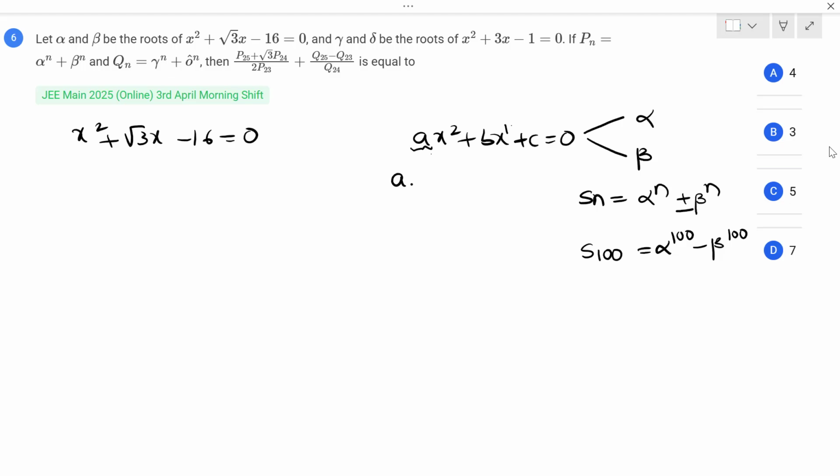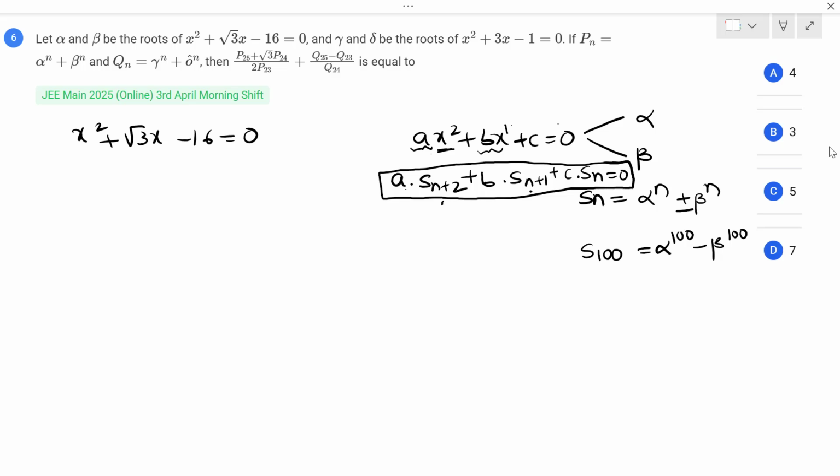In the same way, copy a as it is, instead of x square put Sn plus 2, plus copy b as it is, instead of x power 1, 2 to 1 is 1 less, so Sn plus 1, plus copy c as it is, 2, 1, 0: Sn plus 2, Sn plus 1, and next it will be Sn, equal to 0. This is Newton's formula for quadratic equation.